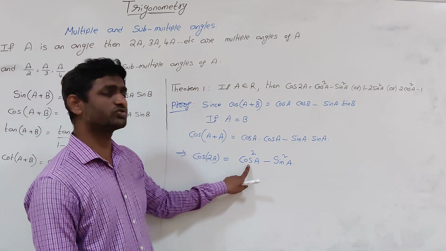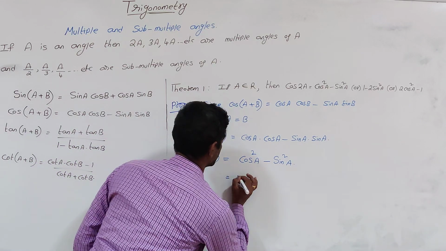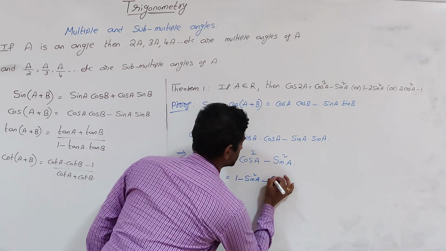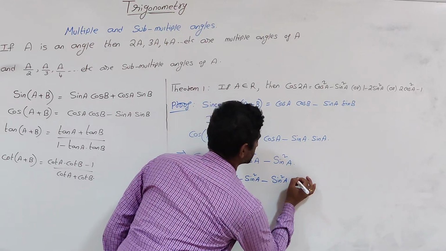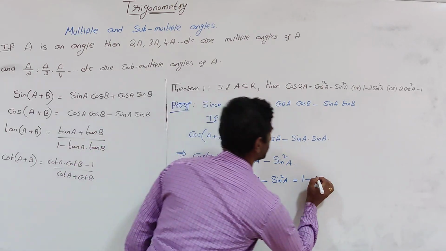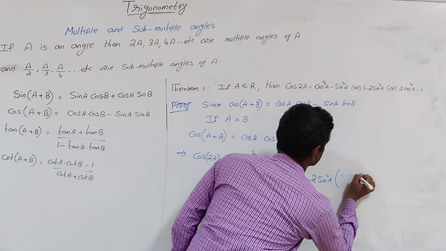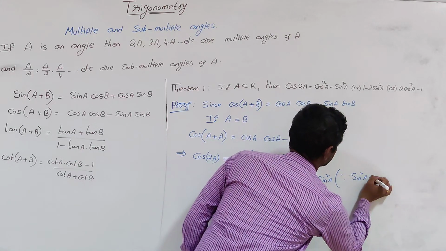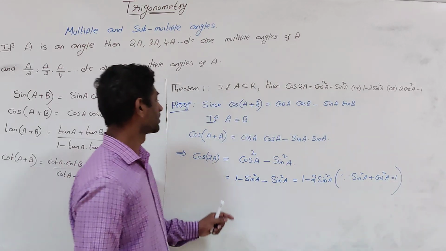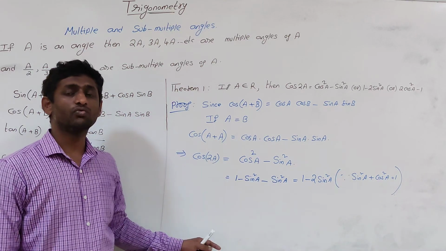So in the place of cos square A, we can replace with 1 minus sin square A. 1 minus sin square A minus sin square A. It will be 1 minus 2 sin square A, since sin square A plus cos square A is 1. So in the place of cos square A minus sin square A, we can have 1 minus 2 sin square A.